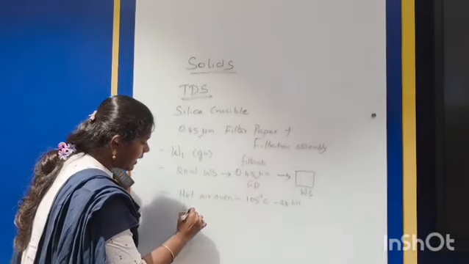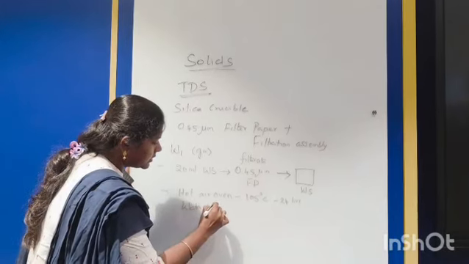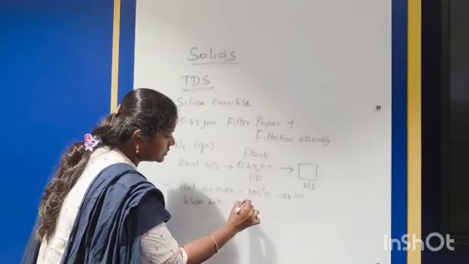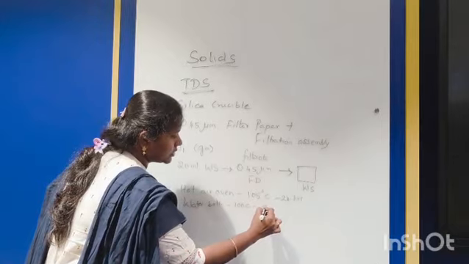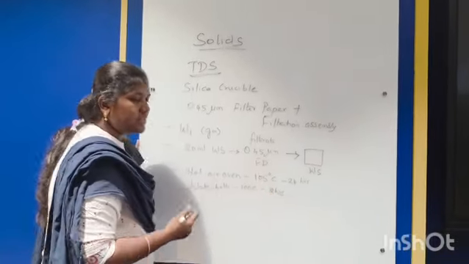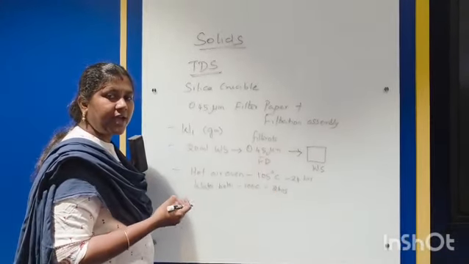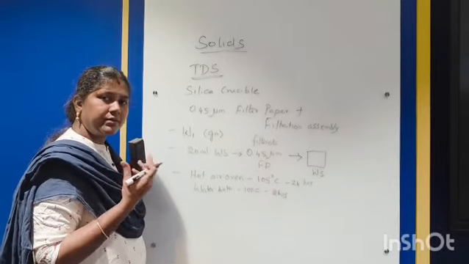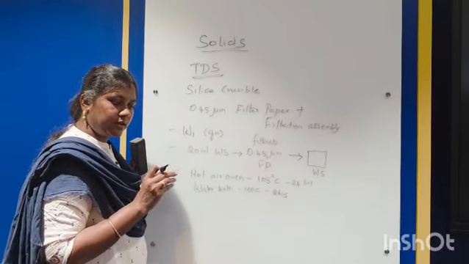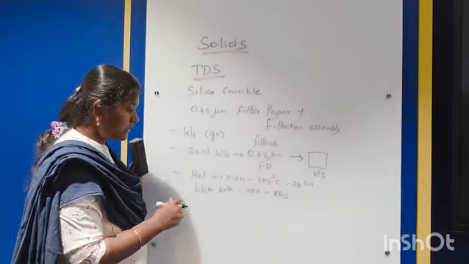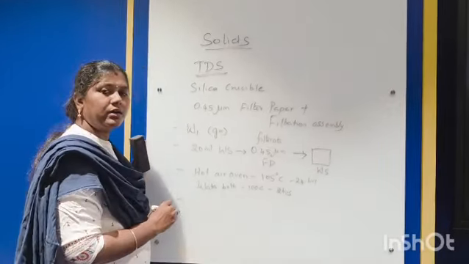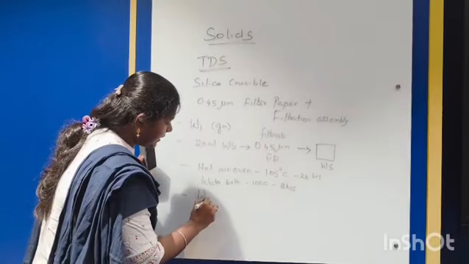Or else a water bath at 100 degree temperature for 2 hours. Once the water has evaporated, we take out the crucible and keep it inside the desiccator. After that, we take it out for weighing, and that weight should be noted.